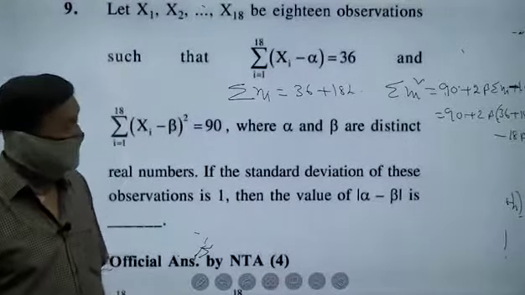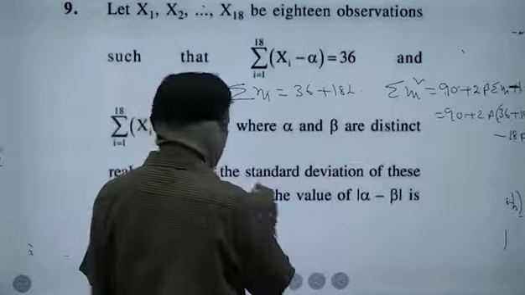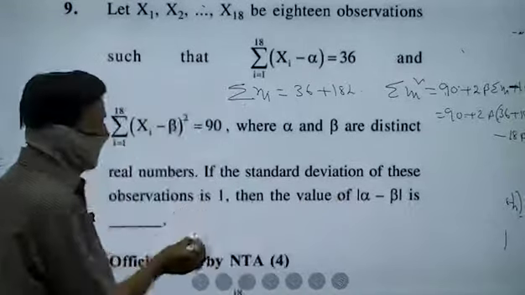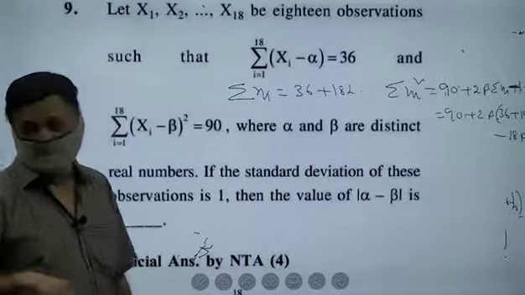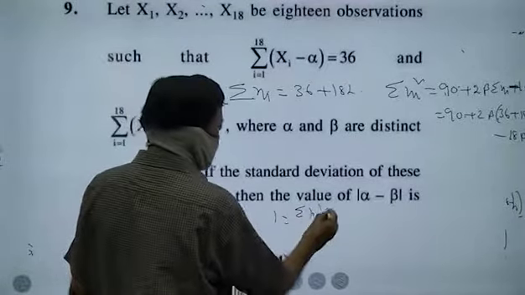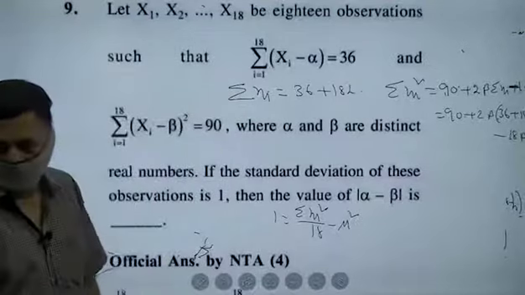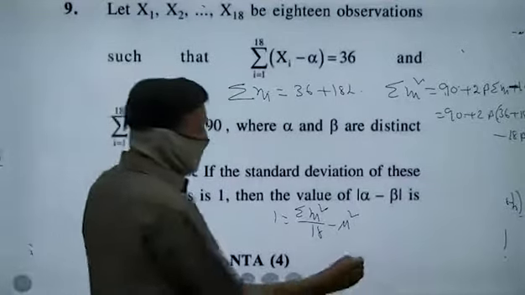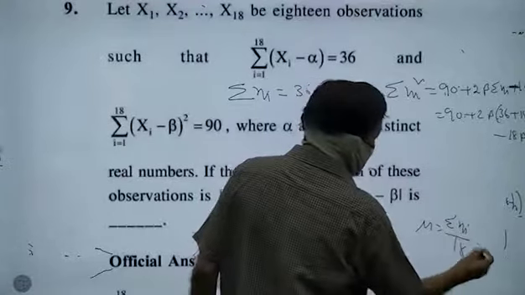Right? Now, standard deviation is what it says? Standard deviation is equal to 1. So variance is also 1. So 1 is equal to sigma xi square by 18 minus mu square. What is your mu value? Mu is equal to sigma xi by 18.